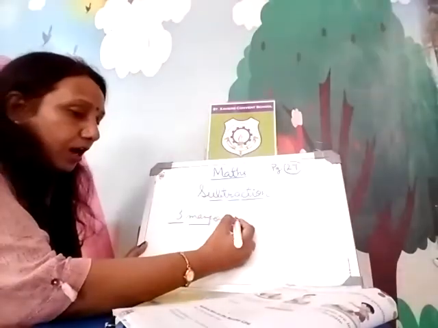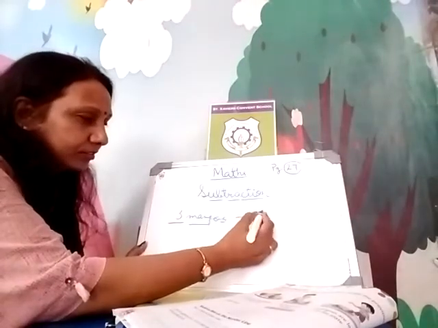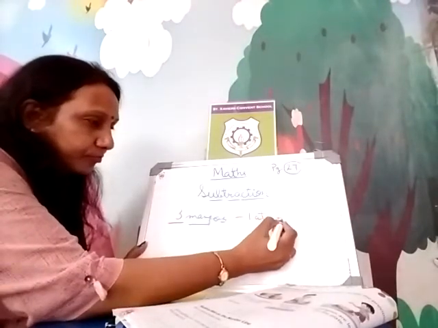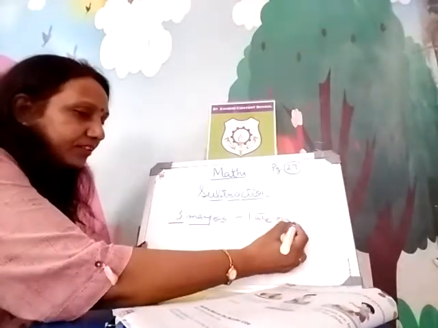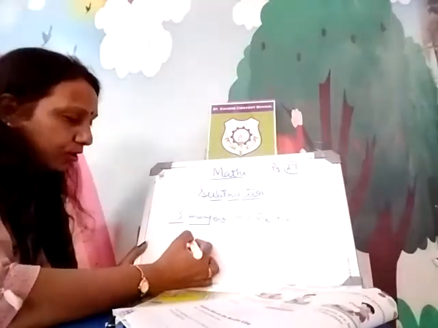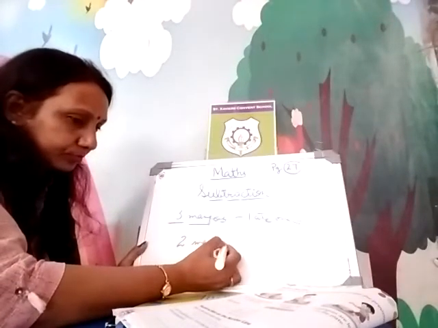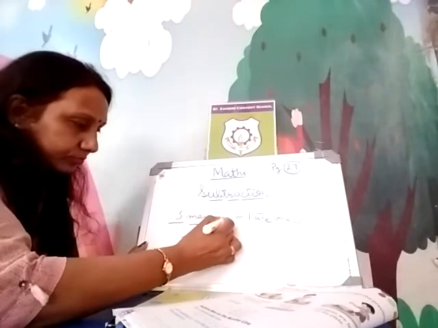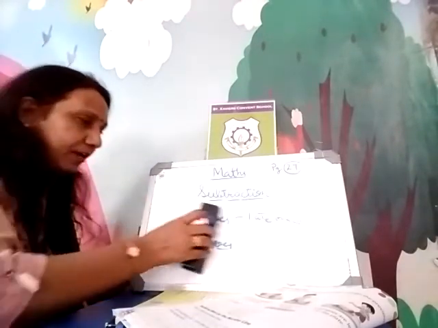Amit minus 1. Amit ate 1. Then how many left? 2 mangoes on a plate. How many mangoes left on a plate? 2 mangoes.